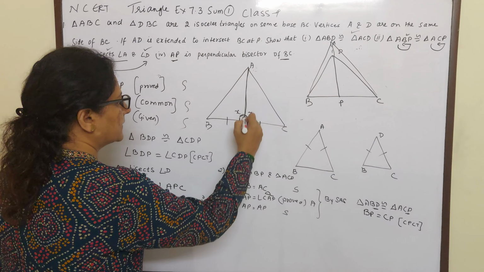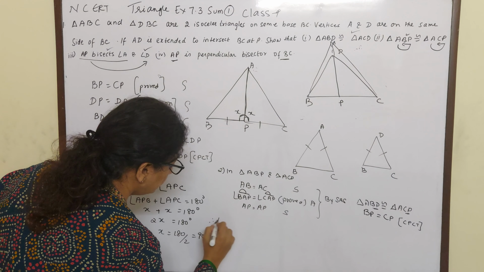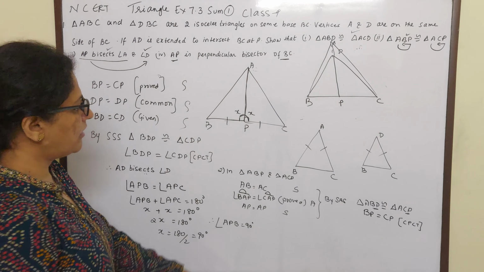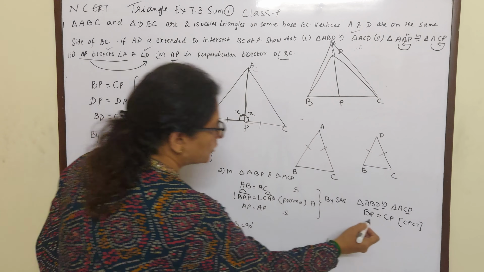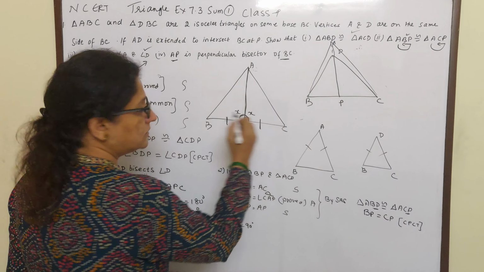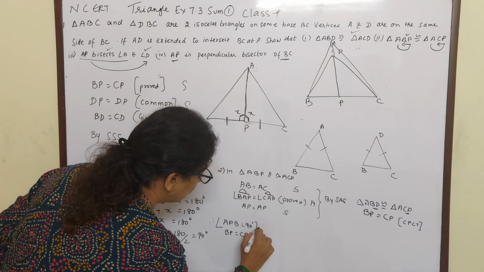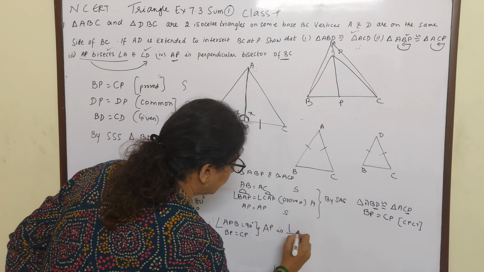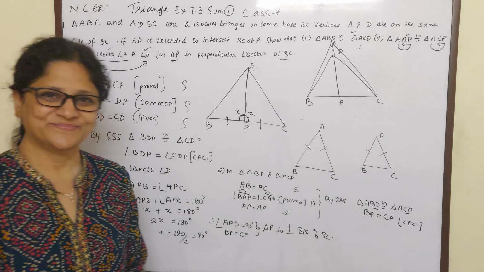X is APB or APC. Therefore, angle APB equals 90. So now you have proved that this is 90 degrees. And here you already proved BP is equal to CP. So from these both things you can say AP is perpendicular bisector of BC. Thank you.